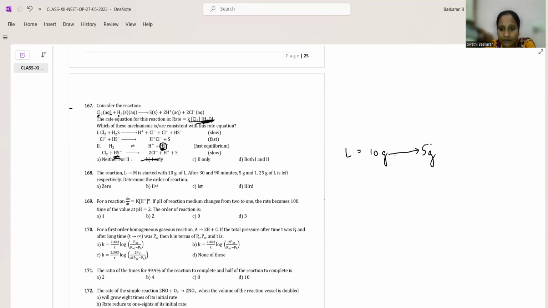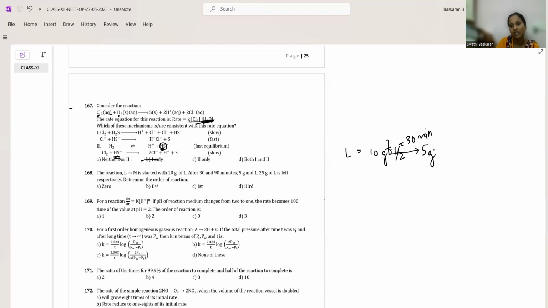The time required for the conversion of 10 grams to 5 grams is called T half, correct? So here the T half is equal to 30 minutes, because at 30 minutes they are clearly saying that 5 grams of L is there.